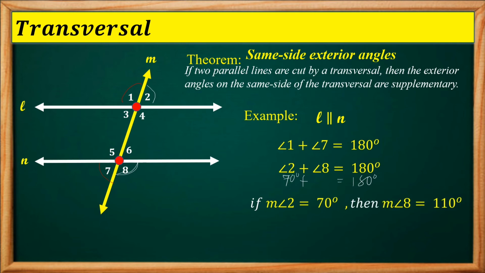The measure is 110 degrees. Now, if angle 1 measures 110 degrees, what is the measure of angle 7? To create 180, it means 180 minus 110, and that is 70 degrees. That is the same side exterior angles theorem.